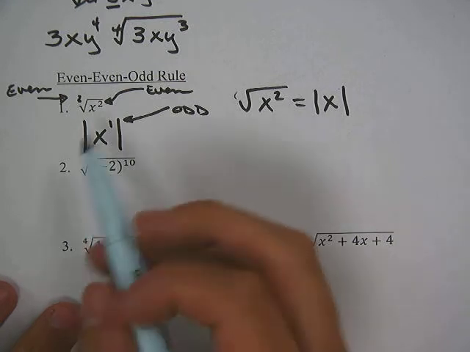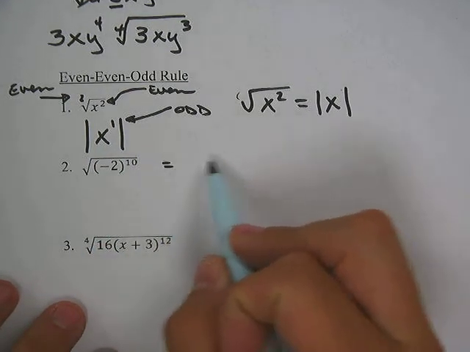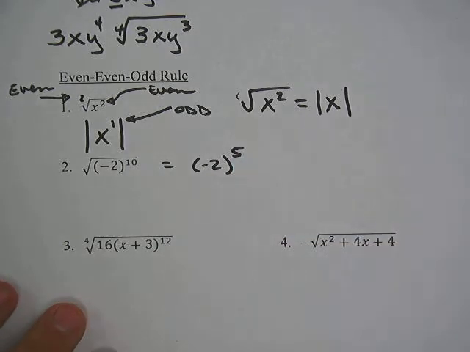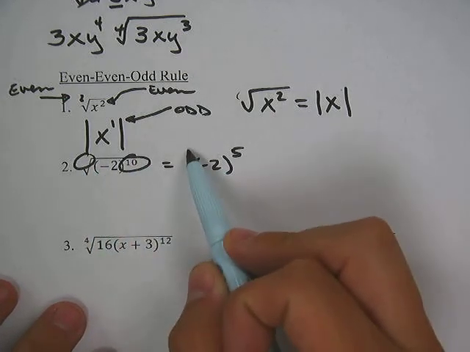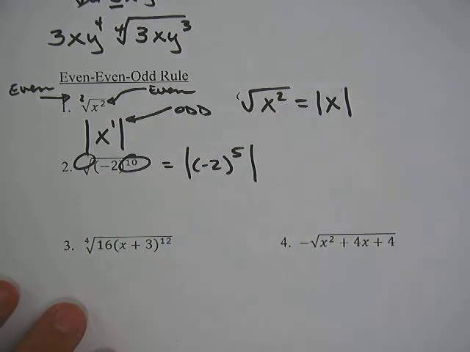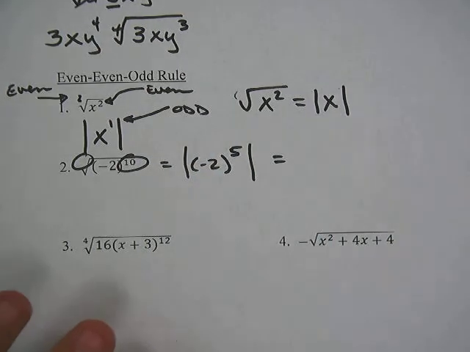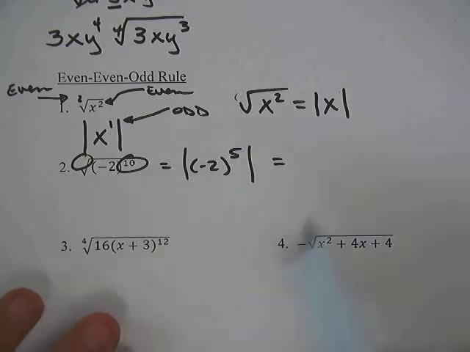Let's try another one. Again, this is even, and this is even. So what's the square root of negative 2 to the 10th power? Well, that would be negative 2 to the 5th power. Even, even, odd, so I should put absolute value around it.